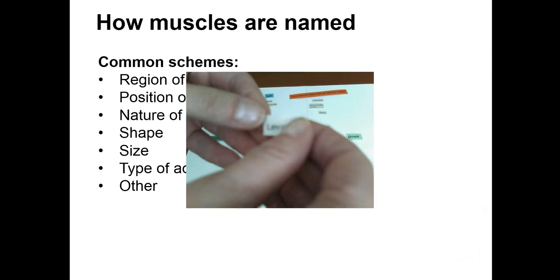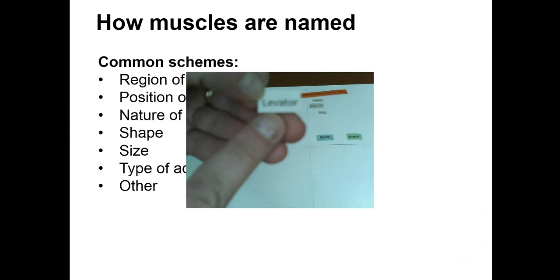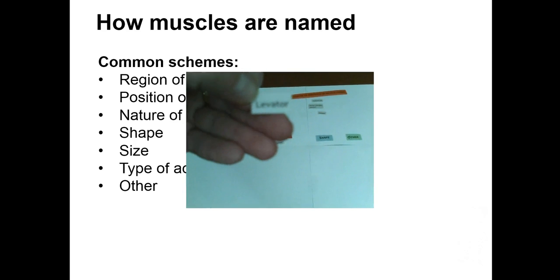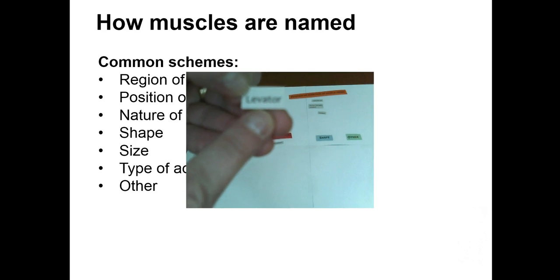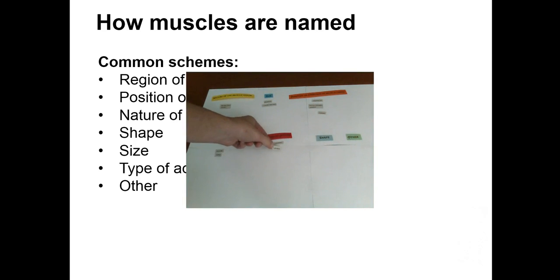We have the word levator. What does that sound like? Sounds like levitate, which means to move up. It could also sound a little bit like an elevator, which also moves things up and down. And if we think elevator, we might think elevation. So a levator is actually going to be elevating something. And so that's a type of action.